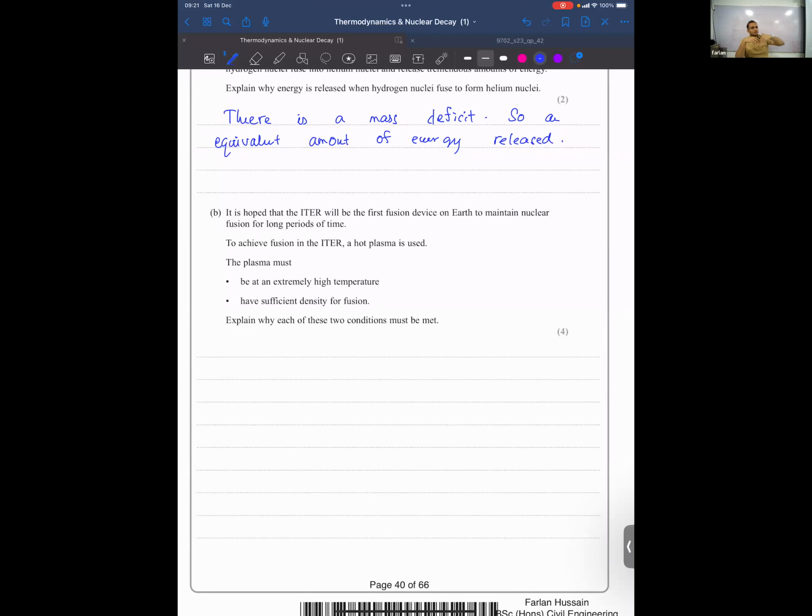Because when this fusion happens, it will create energy, and that energy is used to fuse further. So if you want to sustain the fusion, the rate of fusion happening per second has to be high. For the rate of fusion to be high, the density has to be high. In a small space, more number of nuclei.